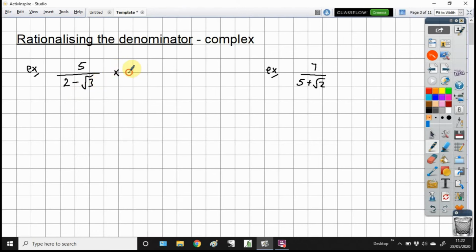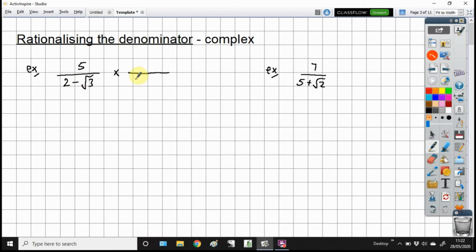We still use equivalent fractions, so we still multiply by 1. We still have to get the denominator right, so that when we multiply these denominators, the surd will disappear. All of that is still true. The problem most people hit is that they are used to putting in here whatever they see in here.